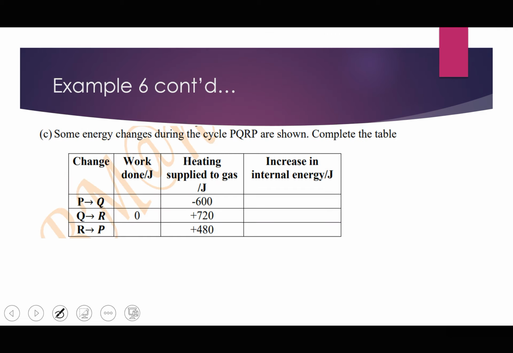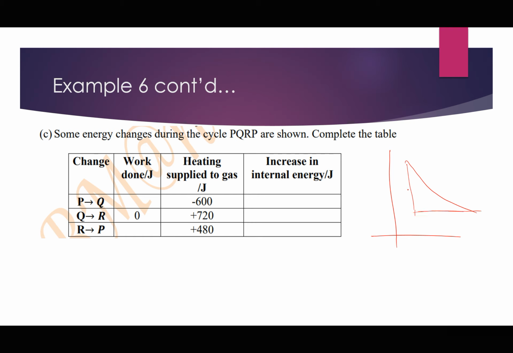Next, some energy changes during the cycle PQR are shown. Complete the table. They have shown us that from Q to R, I can sketch my graph here so that I can easily use it.